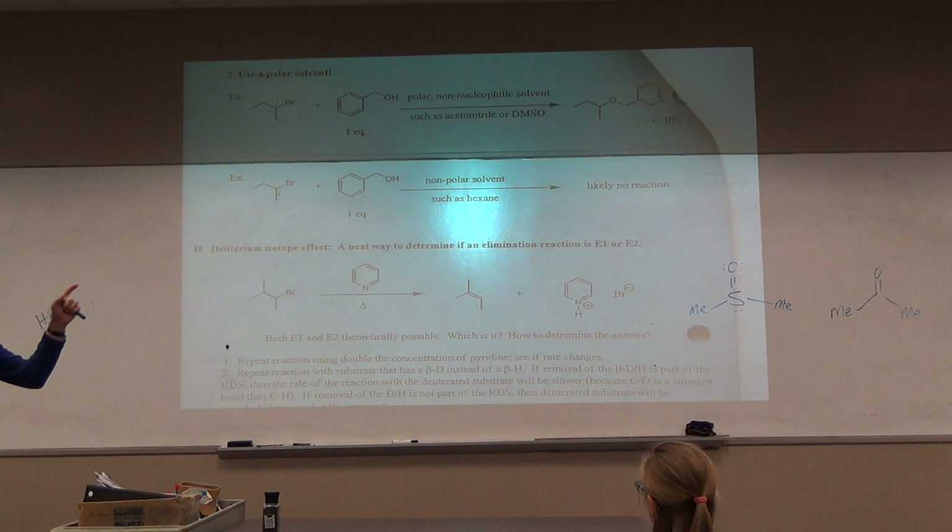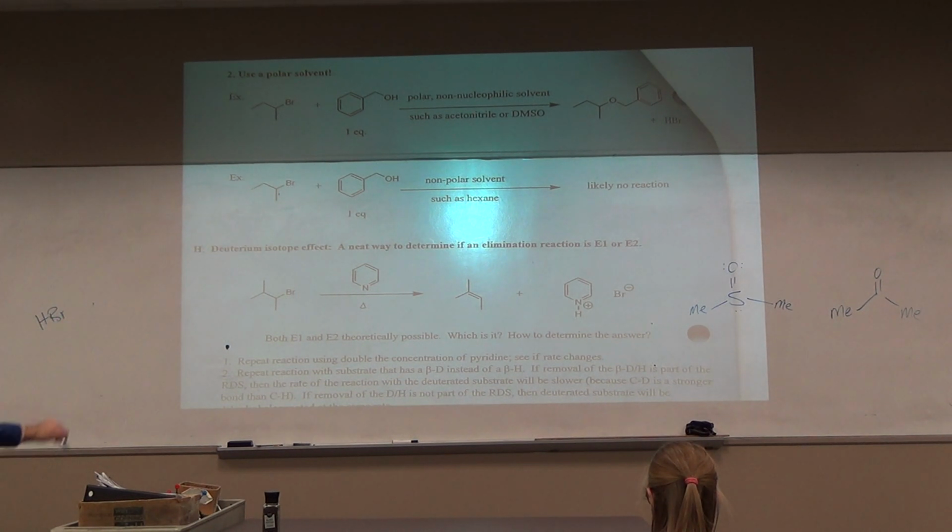So you can't just look at it being Zaitsev and tell. If it was Hofmann, then the mechanism had to be what? E2, because E1 never gives Hofmann. E1 always gives Zaitsev because that's the best product. We didn't really point it out, but E1 is thermodynamically controlled. We could look further at why always Zaitsev, but we just sort of made that statement.